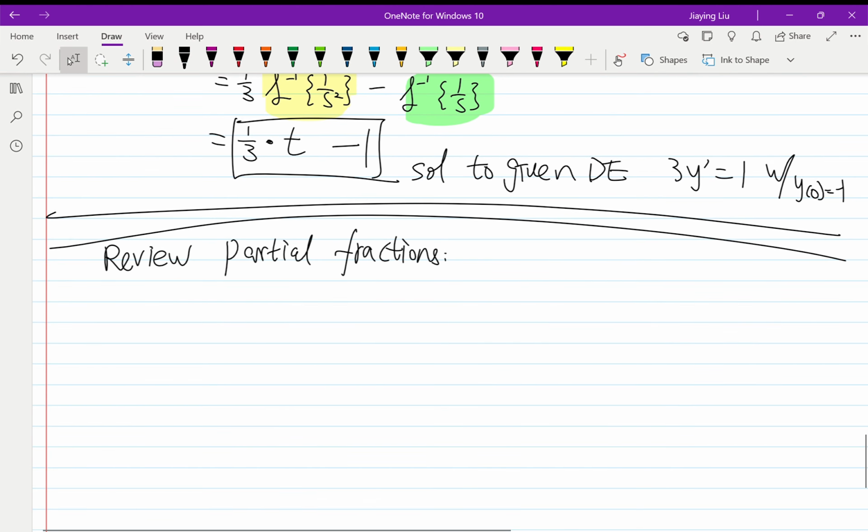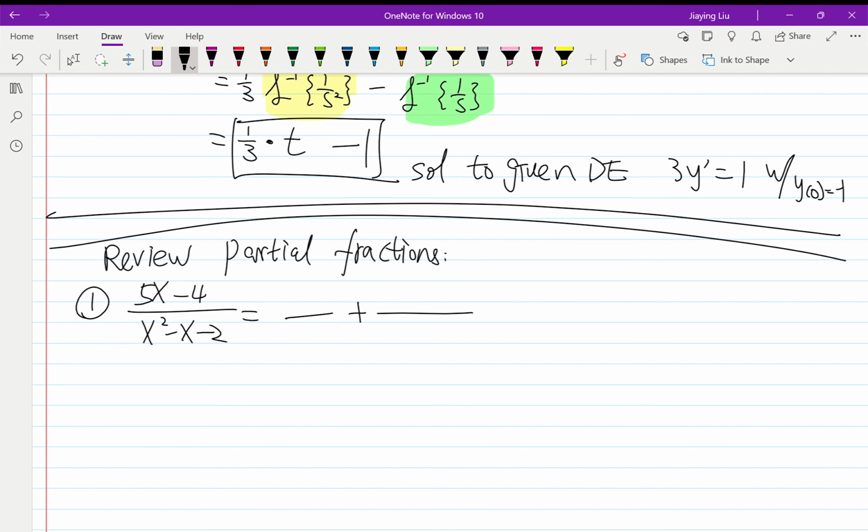Partial fractions is where you take one fraction and decompose it into a series of simpler fractions. A couple of examples for you to try on your own, in case you forget. The first one is 5x minus 4 over x squared minus x minus 2. You can decompose this into two fractions. I don't know what the denominators are, but you can find them. The numerators are A and B, I believe. The second example I have is 1 over (x minus 2) cubed.